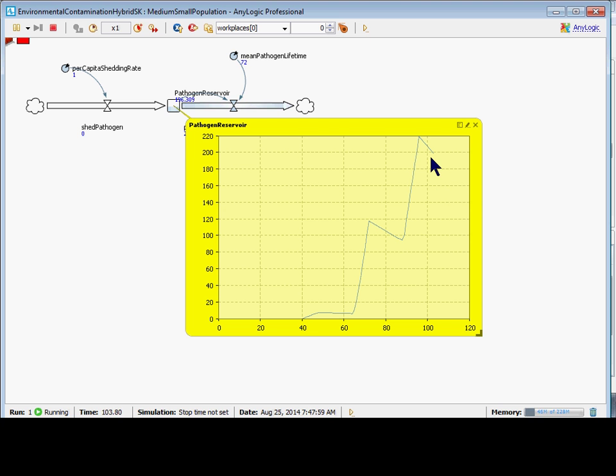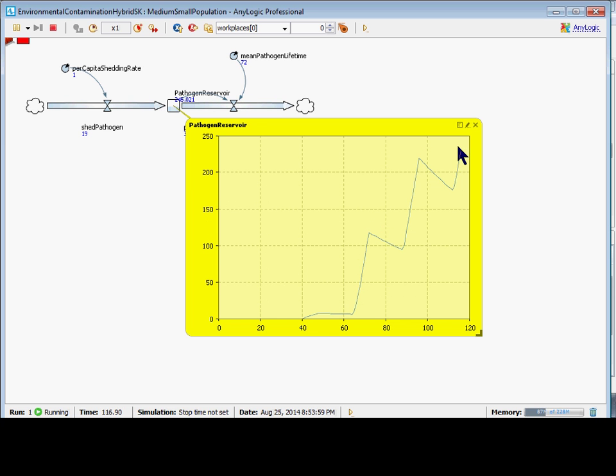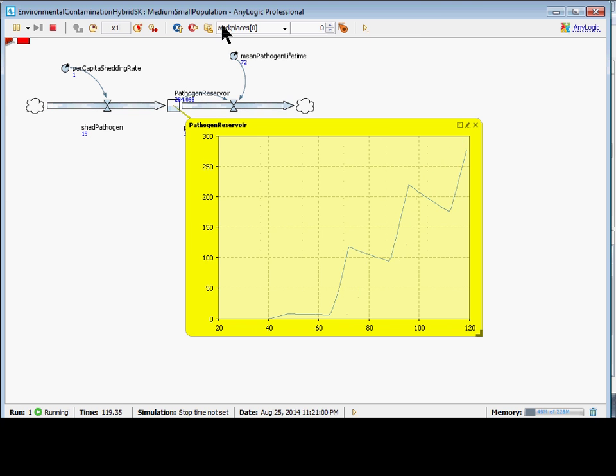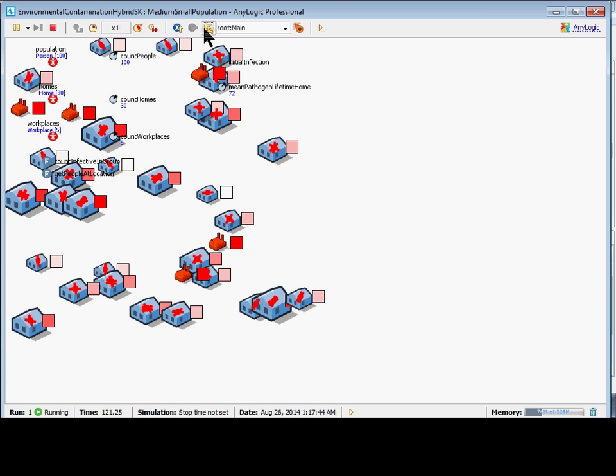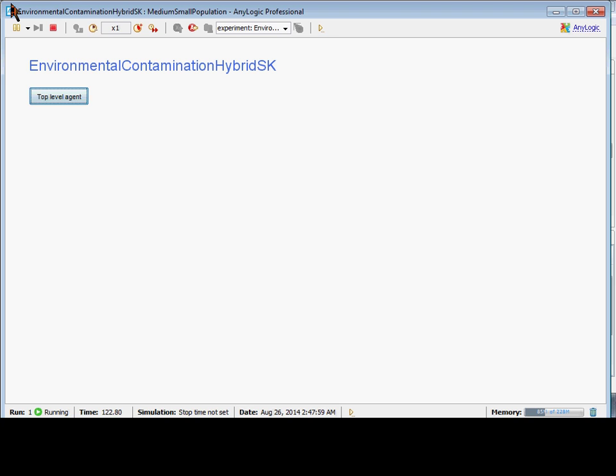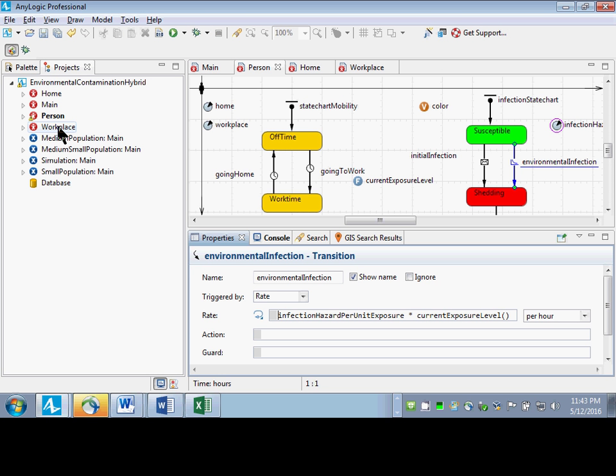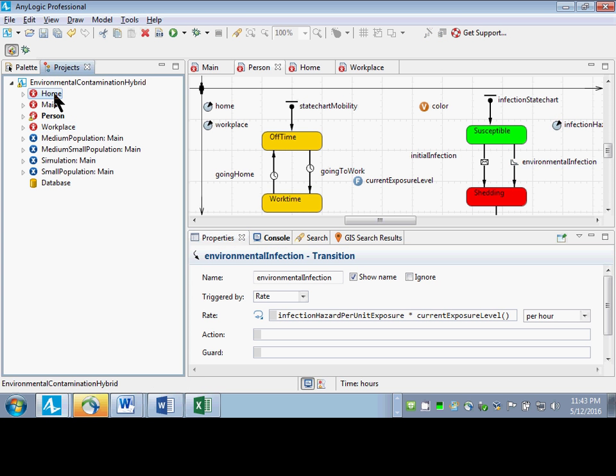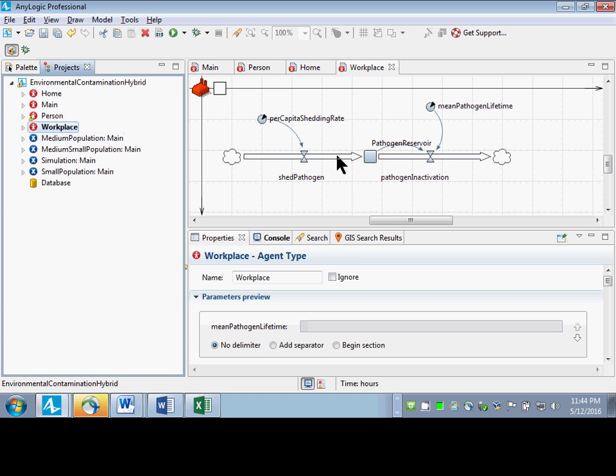So this is a model with, it's an agent-based model, yes. We have people, we have workplaces, we have homes, but within those agents are dynamics characterized using stocks and flows. Do you see that? So we have stocks and flows characterizing the continuous dynamics associated with these facilities.